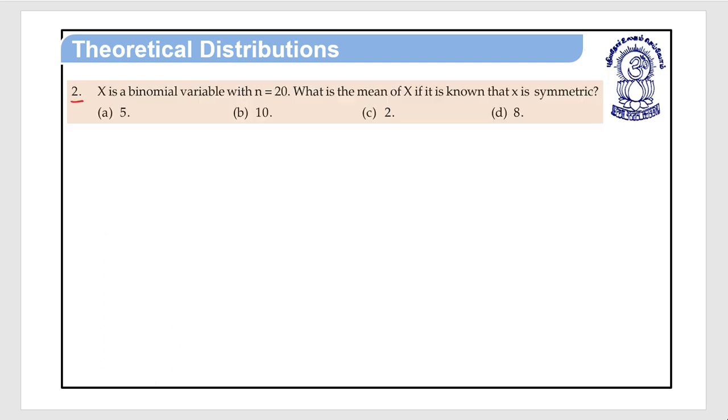Question number 2. X is a binomial variable with n is equal to 20. What is the mean of x if it is known that x is symmetric? So here n is given, n is equal to 20.